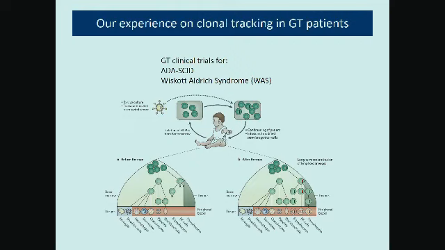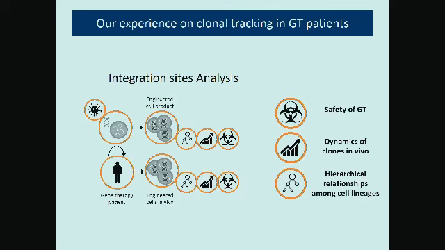As you know, TIGET in Milan developed different gene therapy approaches to treat primary immunodeficiencies based on autologous infusion of CD34 positive cells transduced with a retroviral or lentiviral vector. And over the past 10 years, actually more, our group was committed to study the integration site distribution of this vector in our gene therapy treated patients.